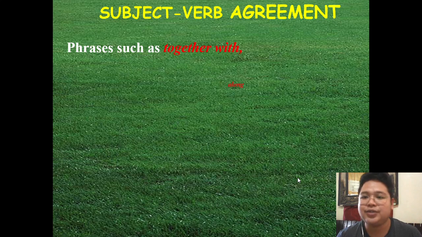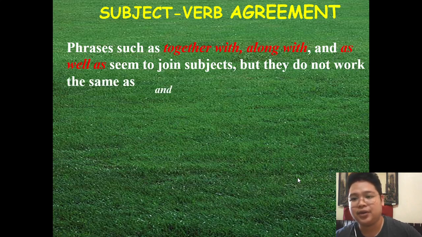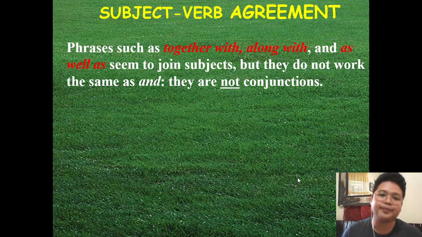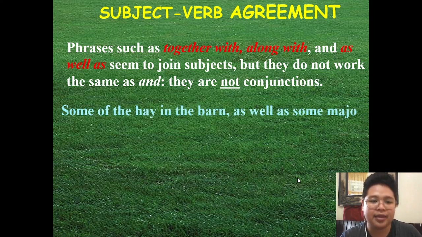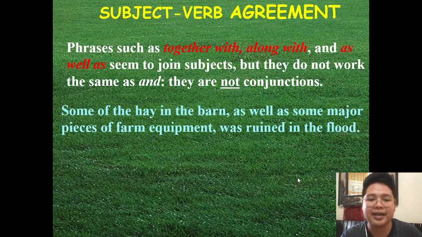Phrases such as together with, along with, and as well as seem to join subjects, but they do not work the same as and because they are not conjunctions. For example, some of the hay in the barn, as well as some major pieces of farm equipment, was ruined in the flood.